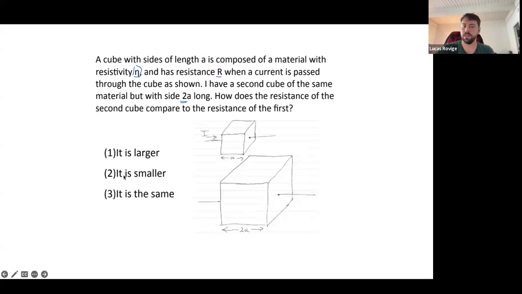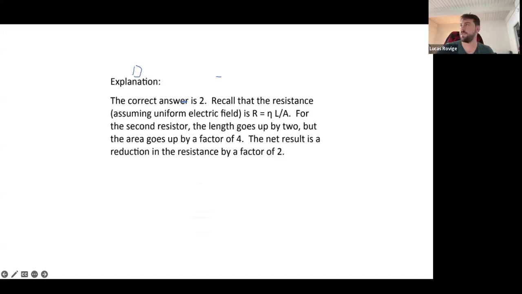The right answer is answer number 2. It's smaller. The reason for that is if we come back to the formula for the resistance, we have resistivity multiplied by the length divided by the area.